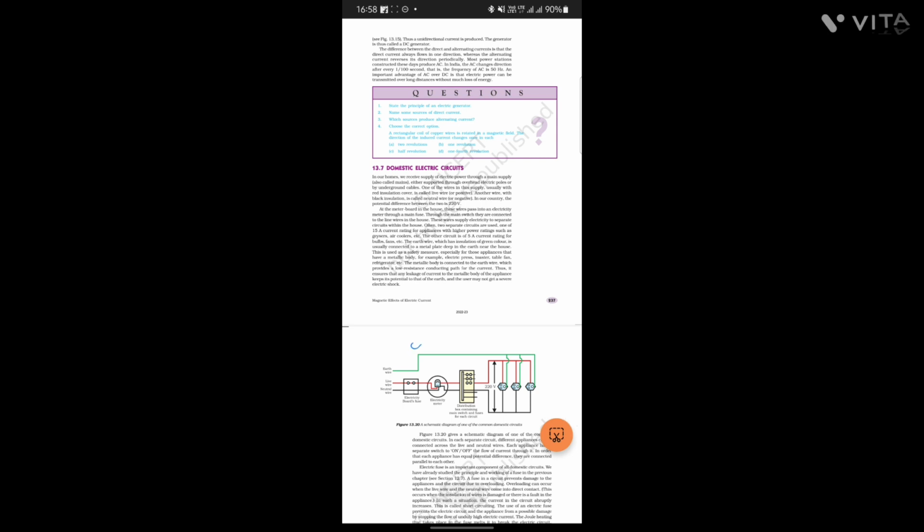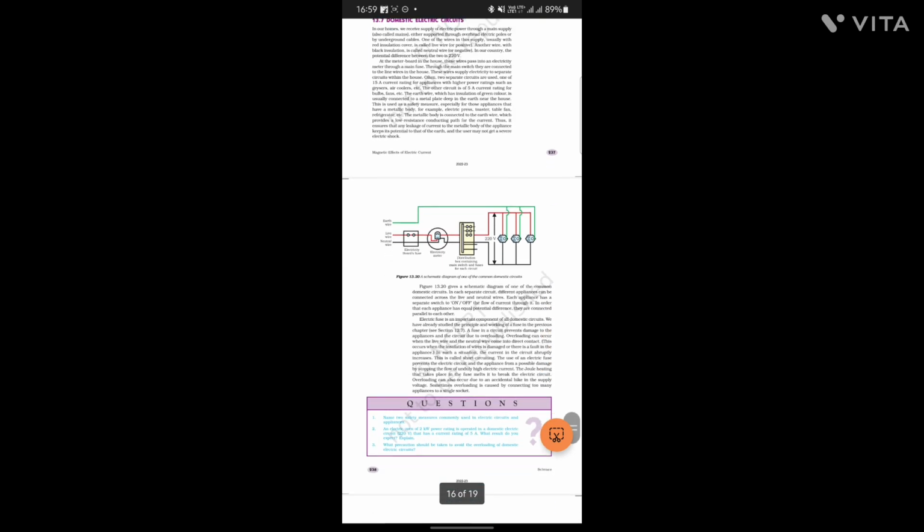We will learn about the wiring of the house, how the wiring is done. Here the color of the wires, like the live wire, neutral wire, and earth wire, is important. You should know the color code of these wires. The function of these wires also becomes important.